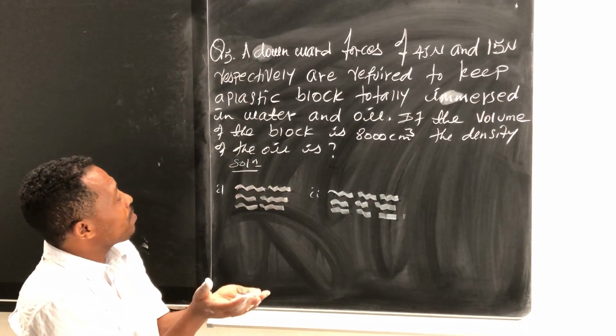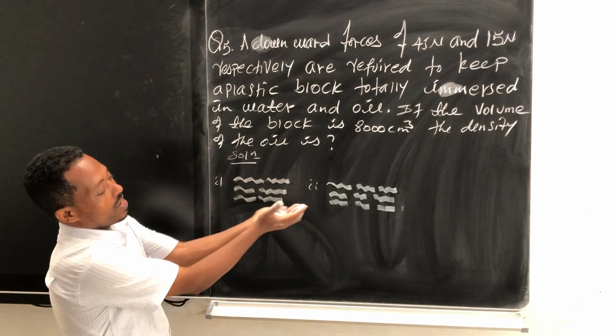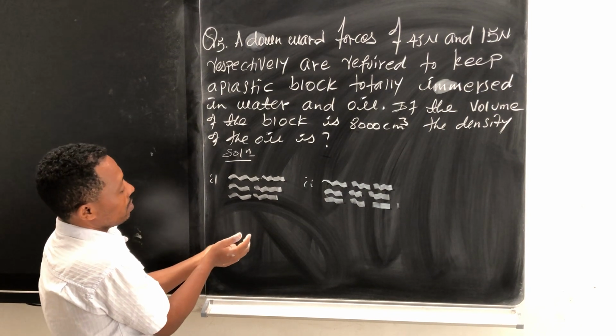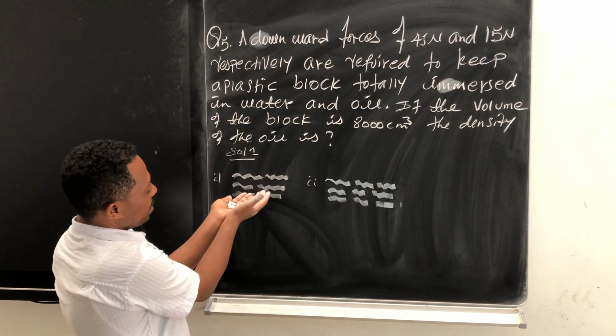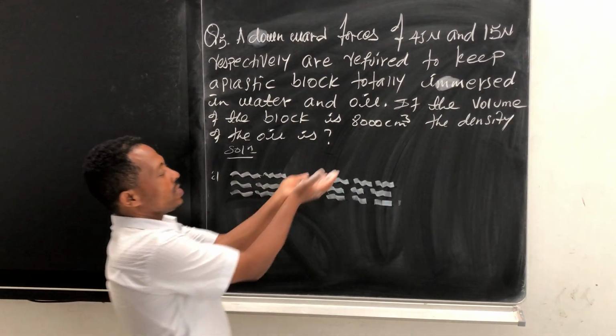And then the same plastic block within the water and then within the oil respectively. This block is totally immersed within the water as well as within the oil, with such a volume.